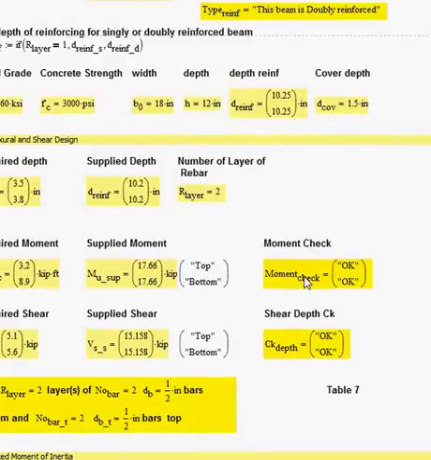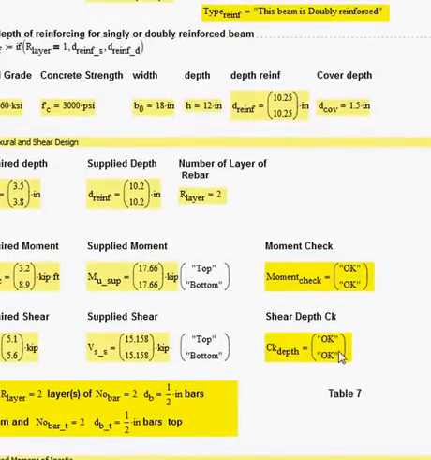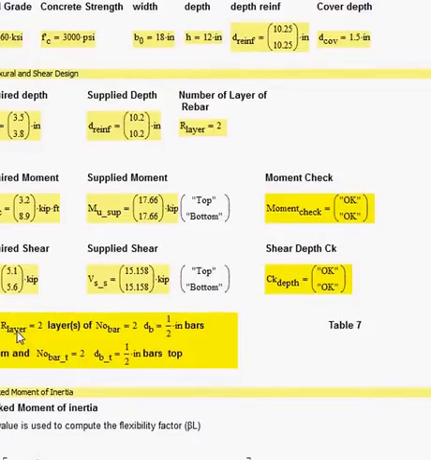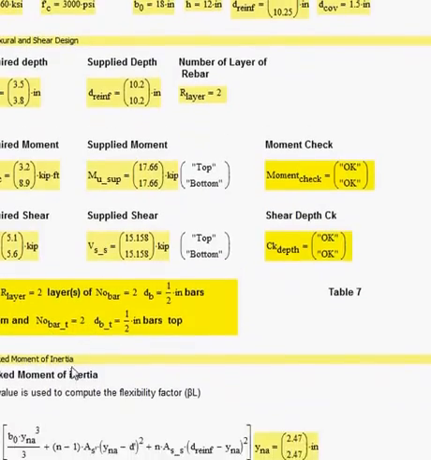The moment checks OK, and in this case the shear checks OK, so we would in this case use 2 layers of 2 1/2 inch bars on the bottom and 2 1/2 inch bars on the top.